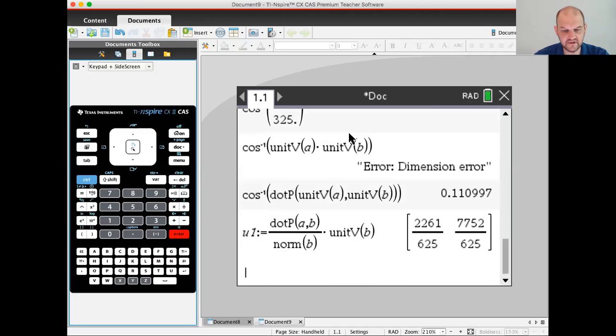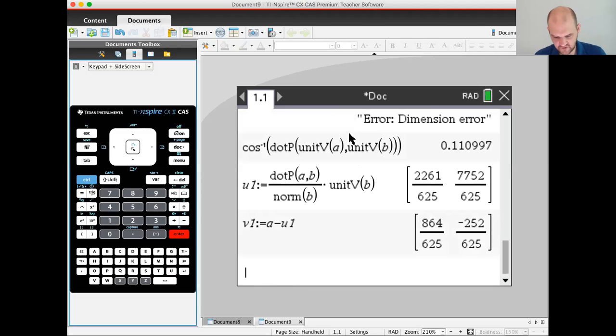So that should be u1. And then v1 should be equal to a minus u1. All right, let me write those down. Those would not have been fun to find by hand, I'm thinking. I think you probably also are thinking that.